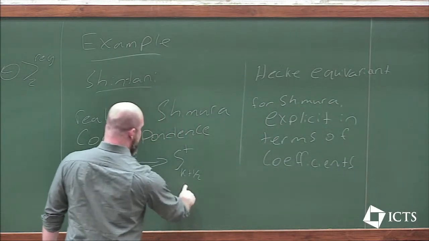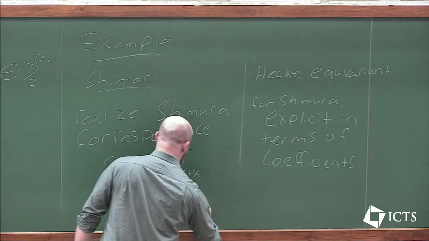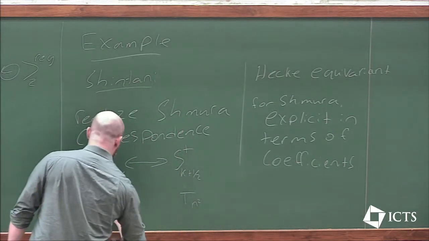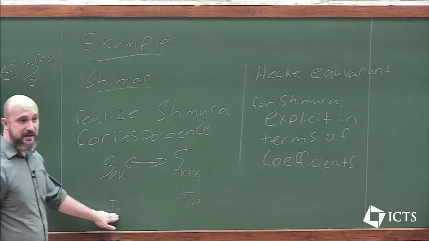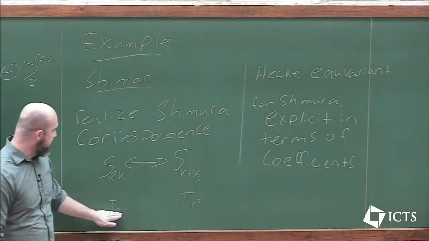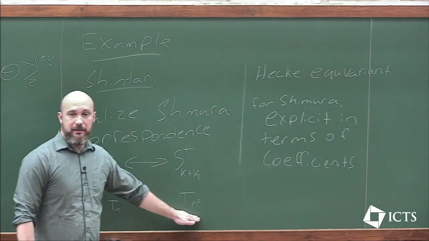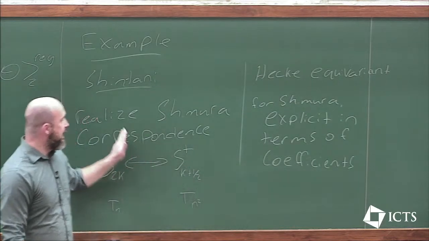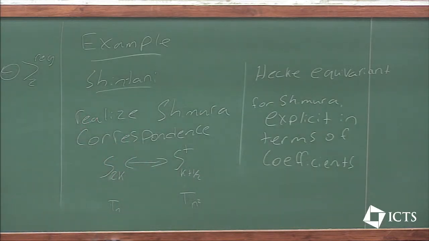Over here in the half integer weight, all of our Hecke operators have square index. Over here in the integer weight, we can have an ordinary index. And so this relation goes from T_n with T_n squared, and that passes through Shimura's original correspondence.